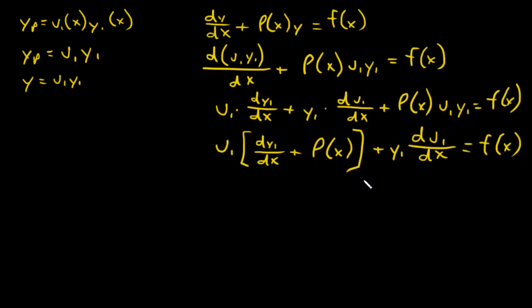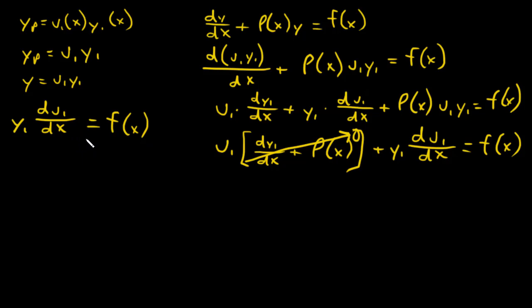Alrighty? Now, this is dy1 dx plus p of x y1. I am now going to invoke star 1 and call this 0. If I do that, then this whole term drops, and I'm left with y1 times du1 dx equals f of x.